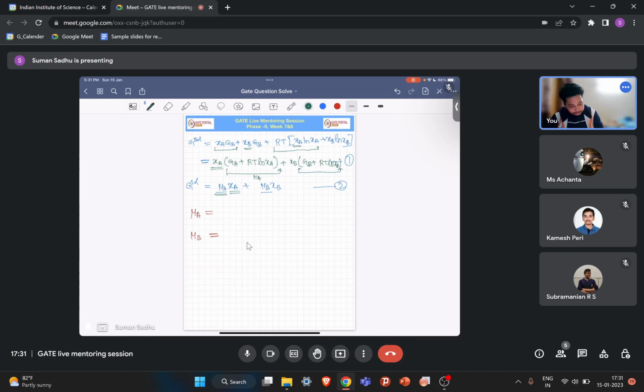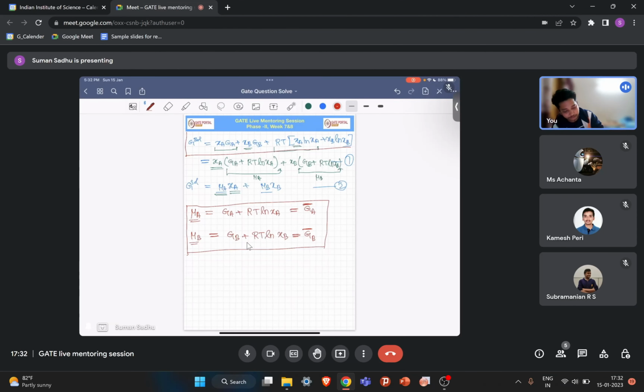So mu a is Ga plus RT ln xa, and mu b is Gb plus RT ln xb. As I told earlier, mu a is also known as the partial molar free energy of A, and mu b is the partial molar free energy of B. The partial term is denoted as G bar, Ga bar or Gb bar. So these are the two important equations, and this equation is also important.